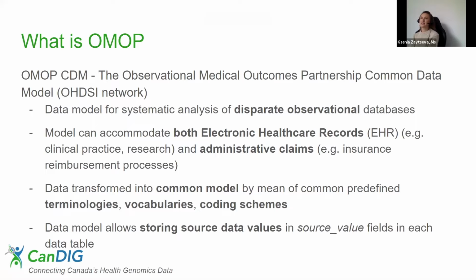So let's start with the definition of OMOP. OMOP stands for Observational Medical Outcomes Partnership Common Data Model, and is developed within the Odyssey network. OMOP is a data model for systematic analysis of disparate observational databases, and it supports both electronic healthcare records that are used in clinical practice or research and administrative claims.